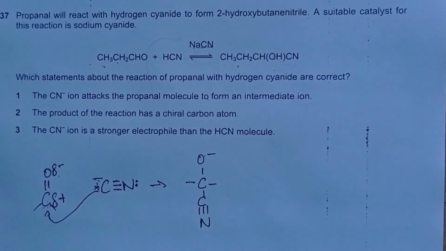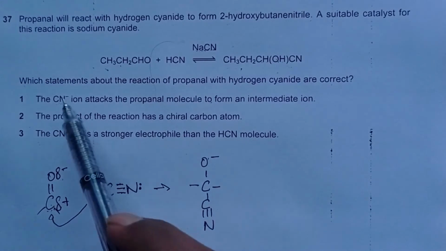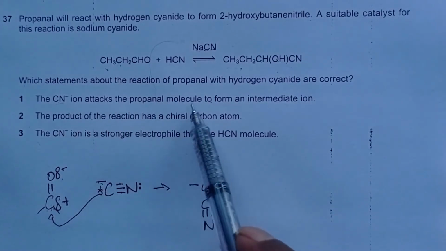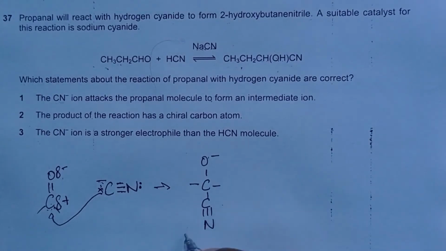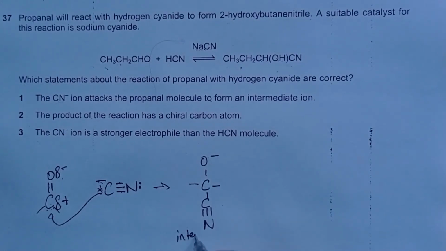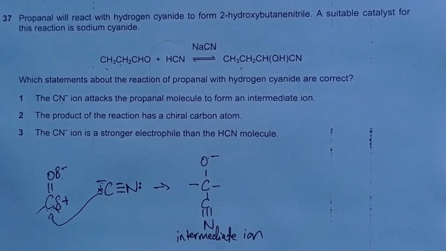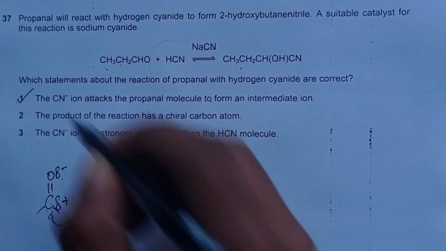So if we look at the answer choices again, the cyanide ion attacks the propanal molecule to form an intermediate ion. This is our intermediate ion, and this statement is in fact correct because the cyanide ion has attacked the propanal molecule. Choice number 1 is correct.